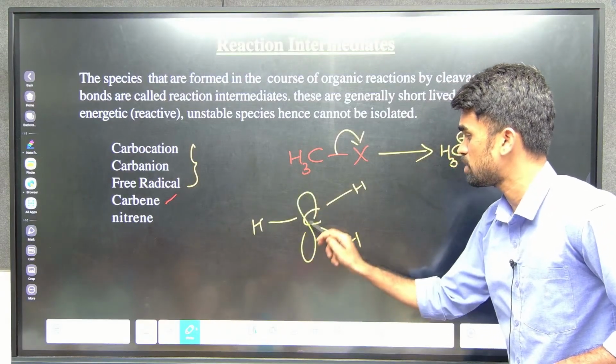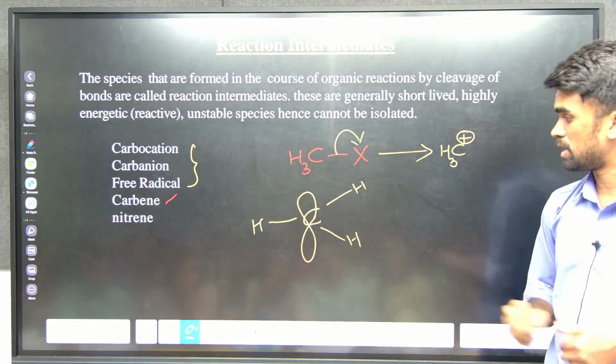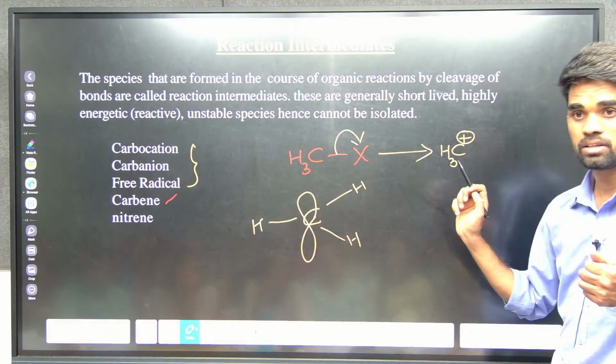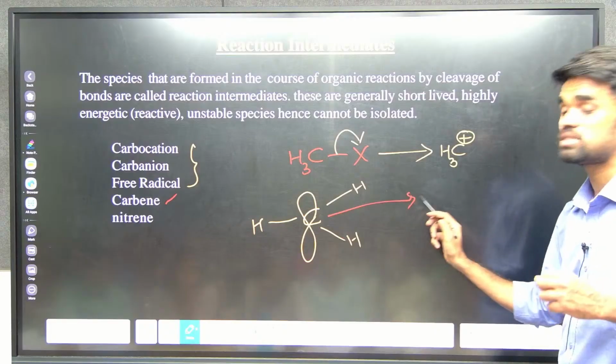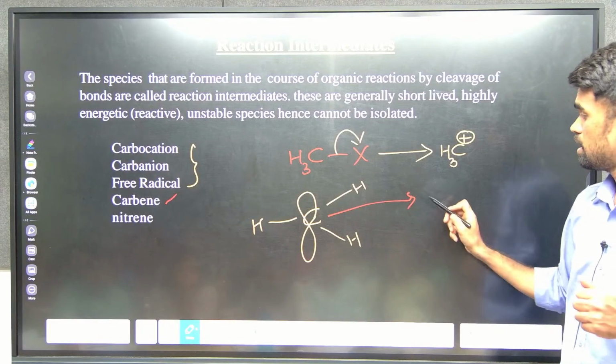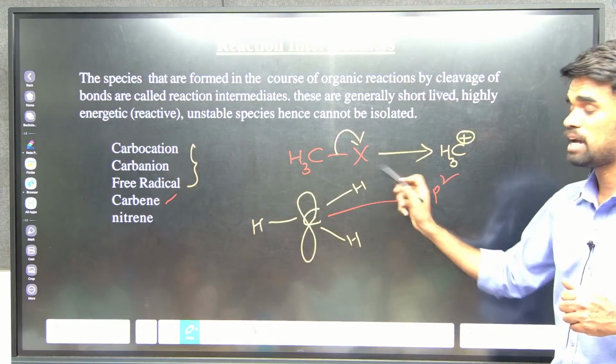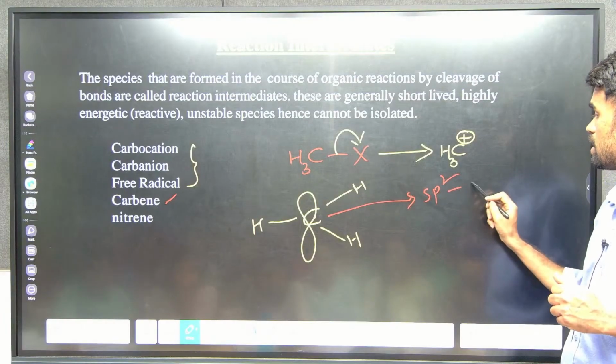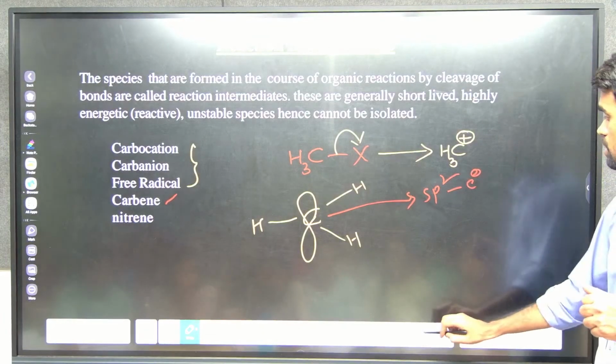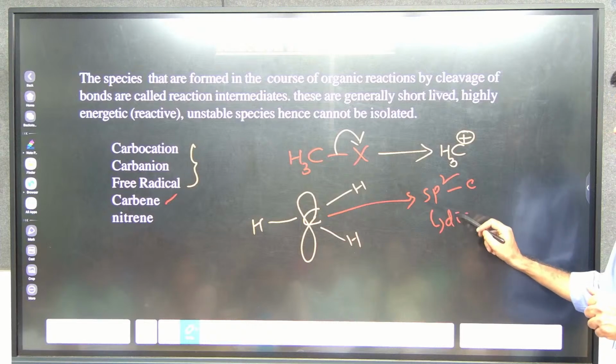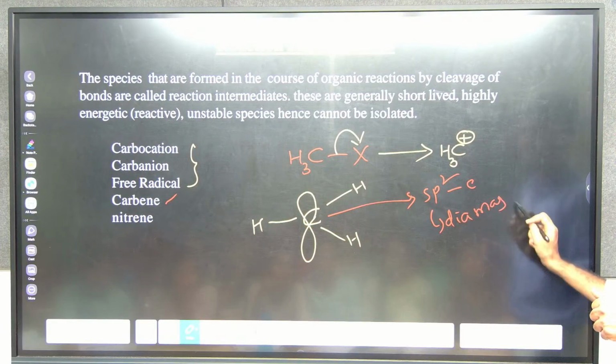Positive charge is nothing but a vacant p orbital. How many sigma bonds are there? 3 sigma bonds, so what hybridization? sp2. Is there any unpaired electron? No, so I can say it is diamagnetic.